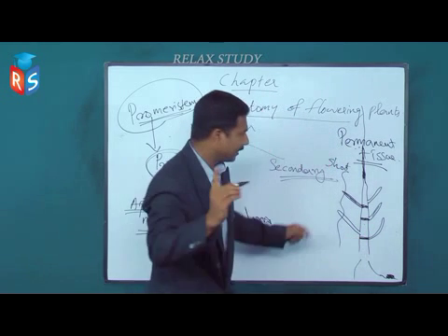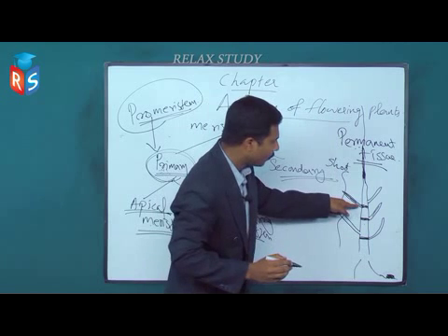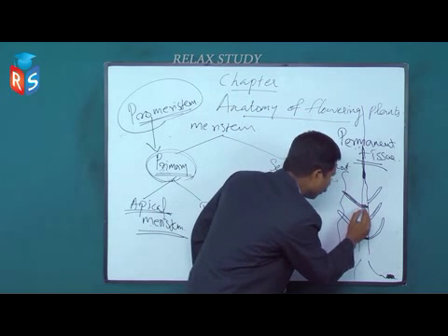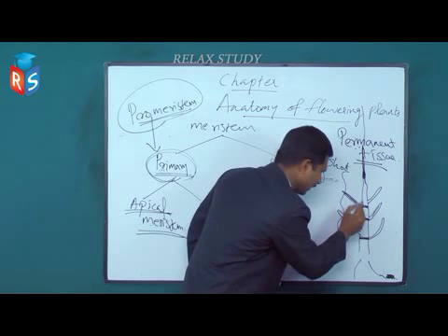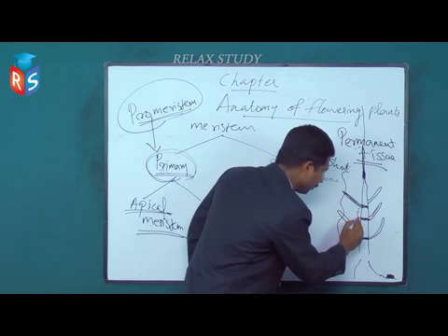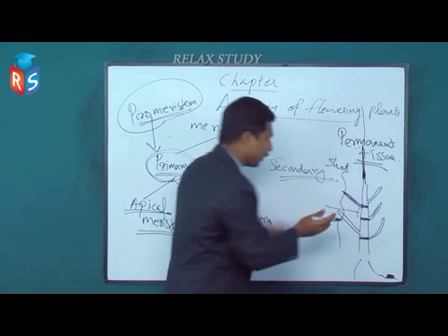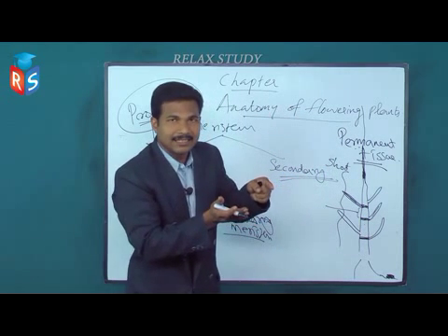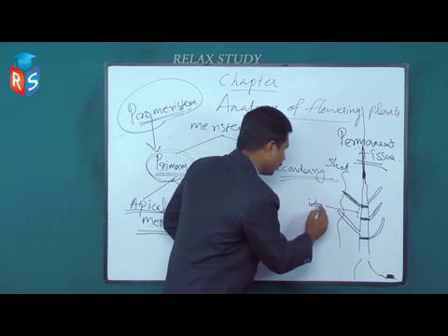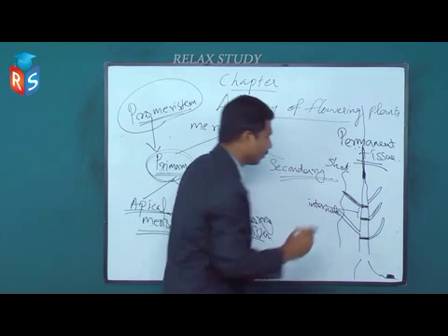So we can imagine, this is the distance between two nodes. A node is the point where a leaf is attached. Here this is a node, here this is a node. In between two nodes, some length is there. That length or that part is known as the internode.